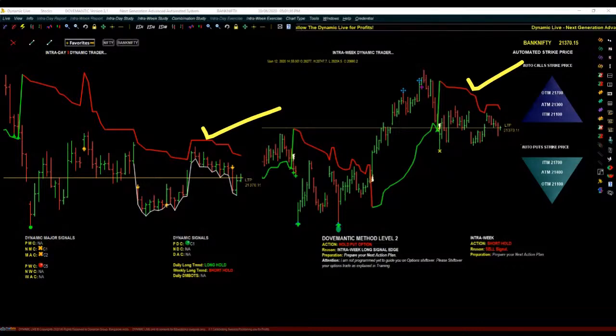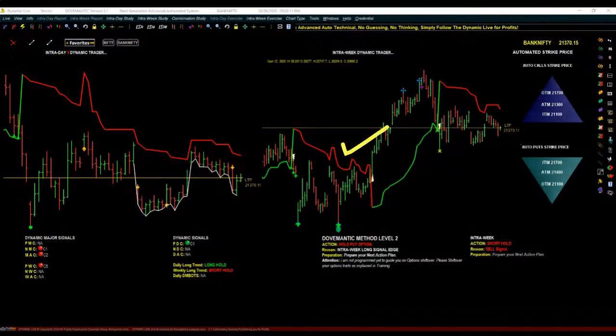Before we start understanding how to use it and when to buy, when to sell, let us try to understand three basic points here. These three points we will make use of at a later part of the session, but it is very important. First, the long signal has a character.